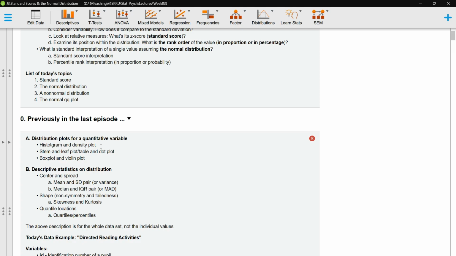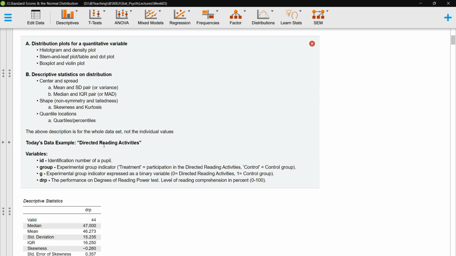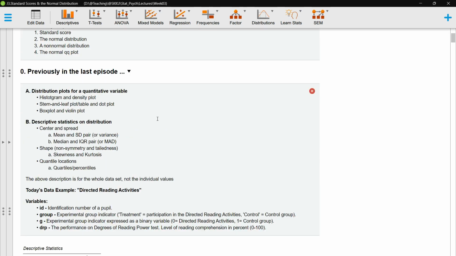Okay, let's start with a review of the previous lecture. We talked about the distribution plots for a quantitative variable. So we looked at the histogram, the density plot, the stem and leaf plot and the dot plot. You remember that?